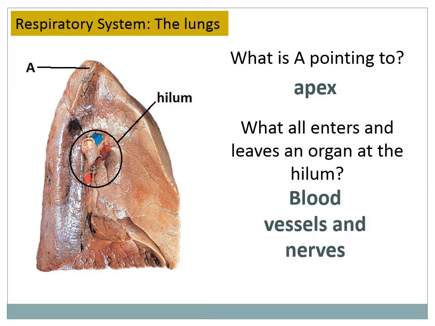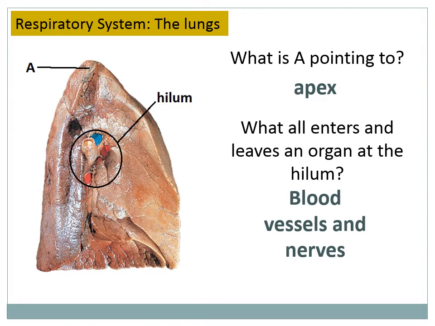Yep, so looking there, we see blood vessels and we see nerves. So we can see that the blue and the red are going to be the blood vessels, and that yellow tube is going to be the nerves. Now, this specimen has been dyed, that blue and that red, which is why it's so distinct. But that's what we see.